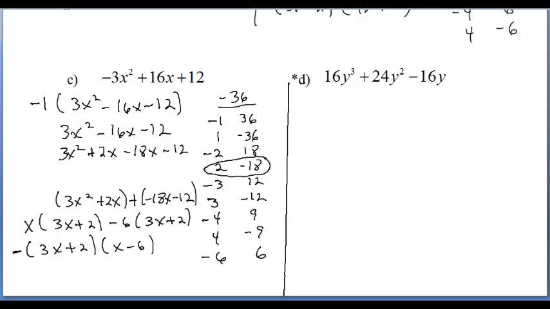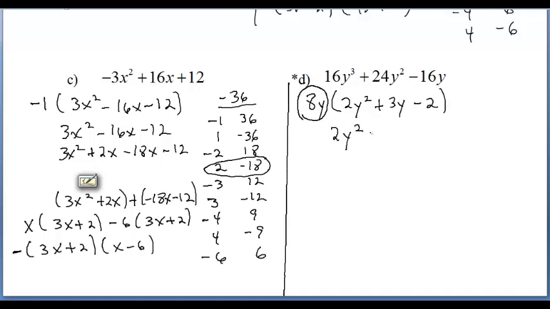My next example, 16y cubed plus 24y squared minus 16y. The first step is to remove the GCF. In this case, the GCF is 8y. So when I remove an 8y, it leaves me with a 2y squared plus 3y minus 2. And again, I'm going to ignore the factor 8y temporarily.